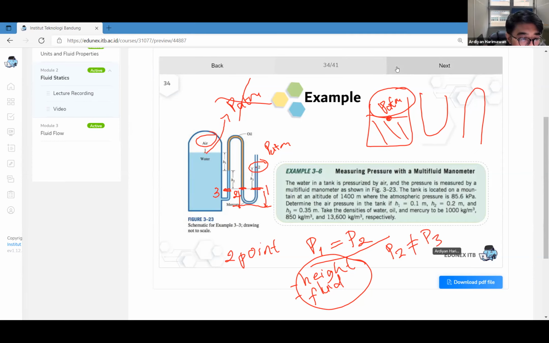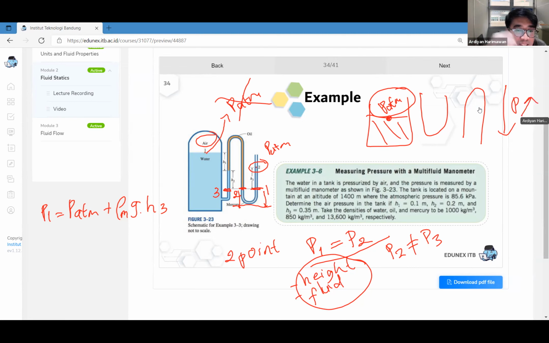Then how to calculate the pressure? At point 1, I write down here, point 1 will be P atmospheric plus the density of mercury times g times h3. The one that you need to understand, maybe you need to memorize if you are still confused: if you go downward from one point to any other point below that point, the pressure will increase.